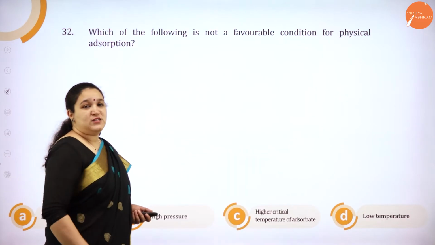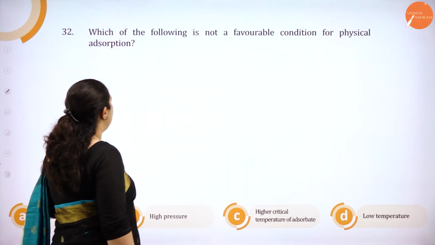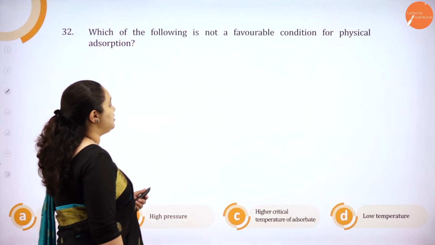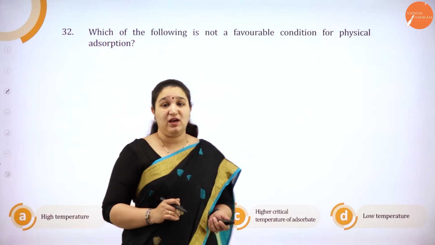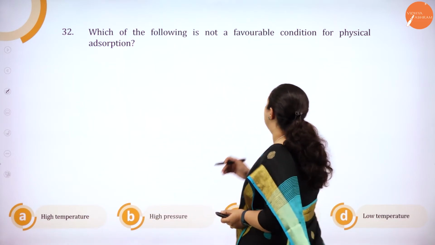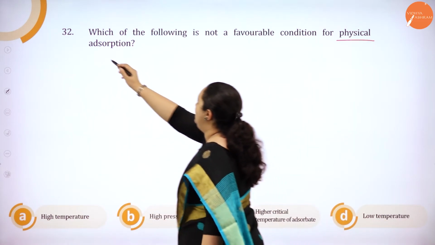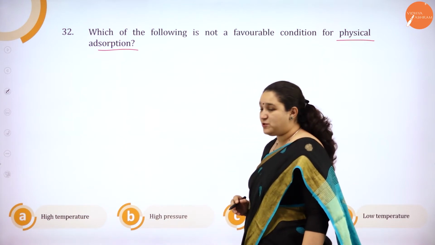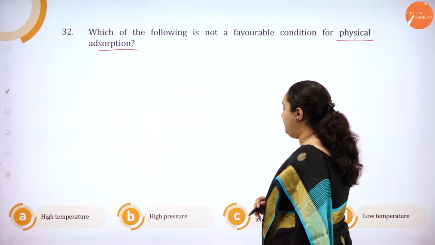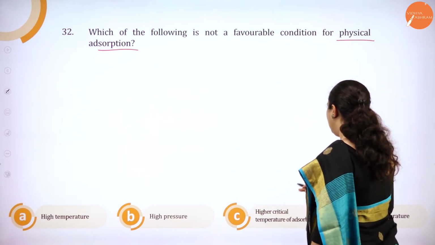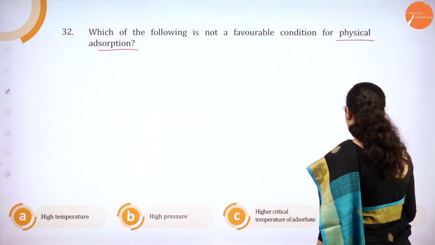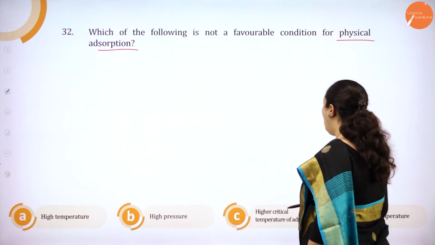Okay. Next question what we have is, which of the following is not a favorable condition for physical adsorption? They are asking about physical adsorption. Option A, high temperature, option B, high pressure, option C, higher critical temperature of adsorbate, option D, low temperature.